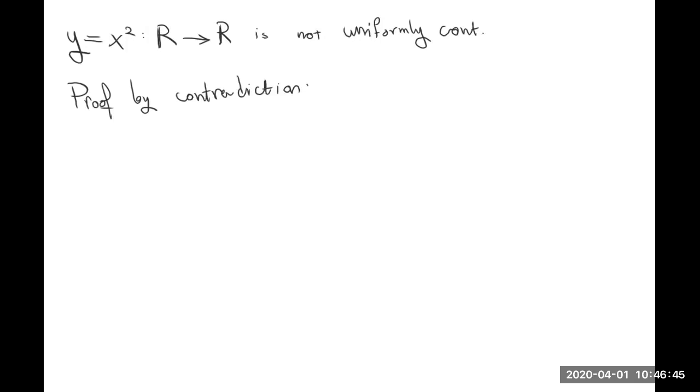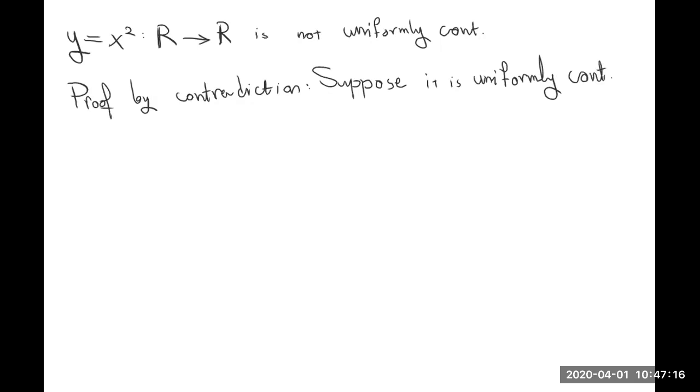What it means is that suppose this function x squared from R to R is uniformly continuous, right?